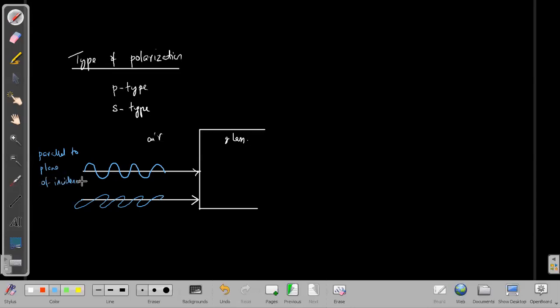I think you are familiar with the term plane of incidence. The plane of incidence is a plane which contains the direction of propagation of light and the normal.